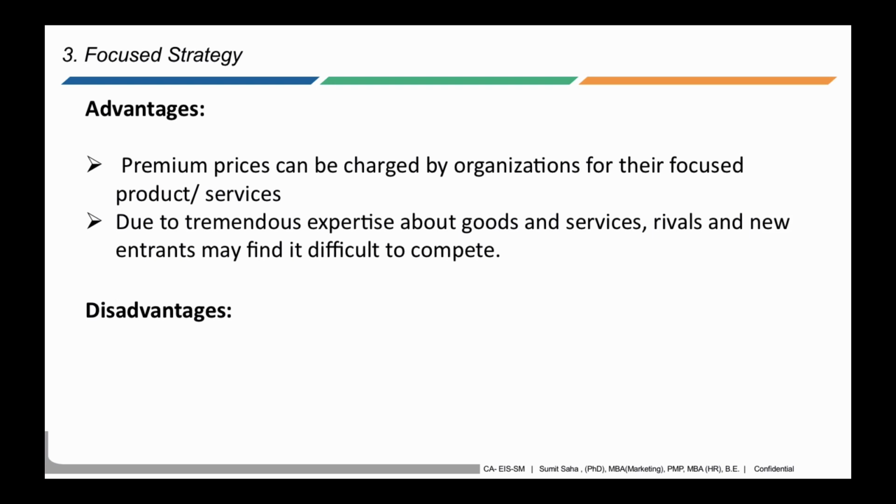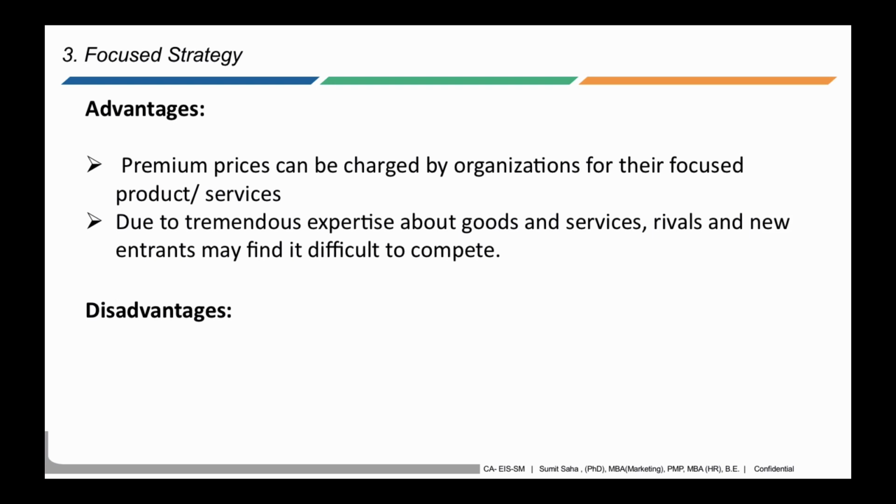Due to tremendous expertise about goods and services, rivals and new entrants may find it difficult to compete. Even if I say that OnePlus is similar, it is not actually better or even equal to maybe the Apple. Correct?